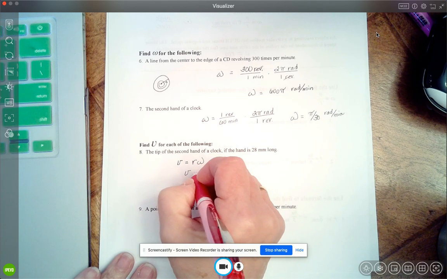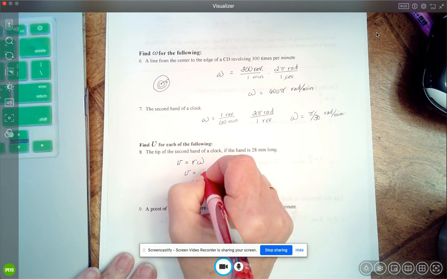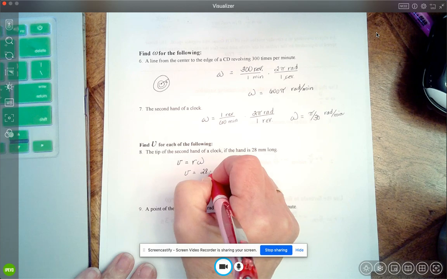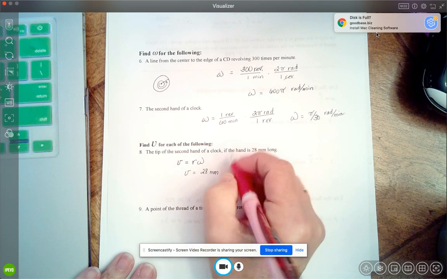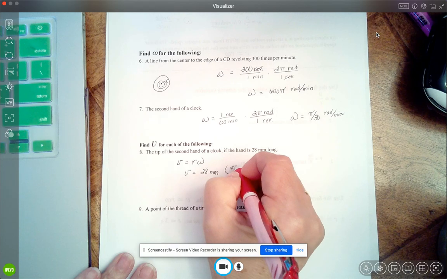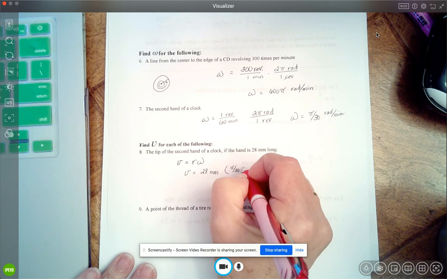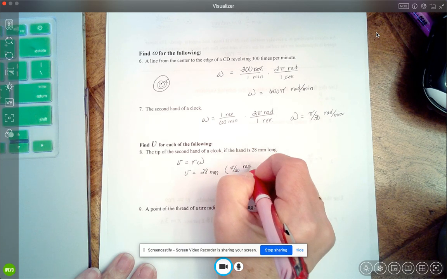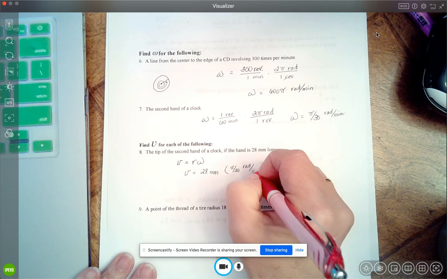So my linear speed is the radius, 28 millimeters, times pi over 30 radians per minute.